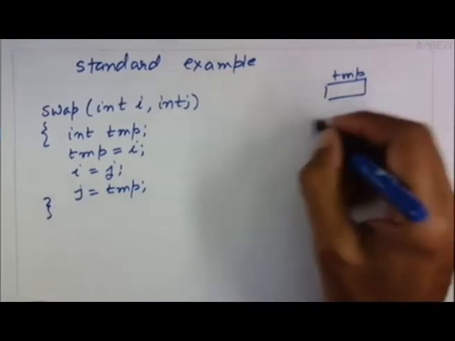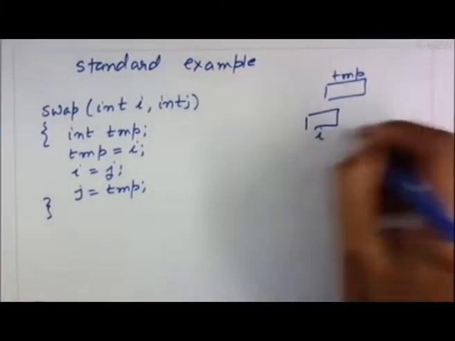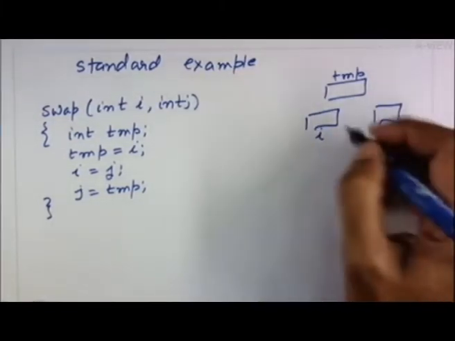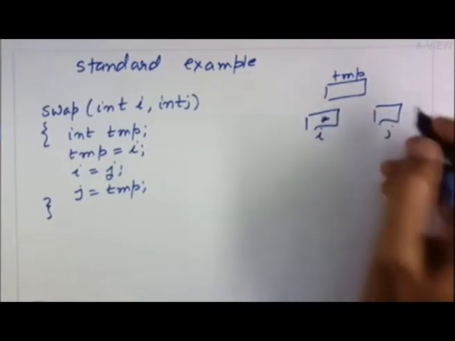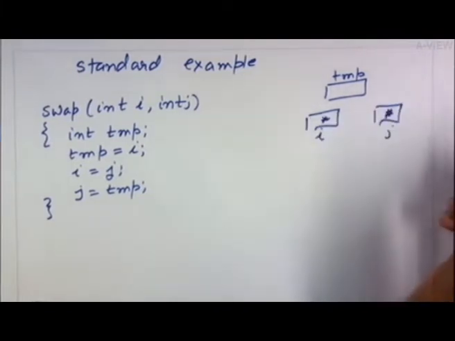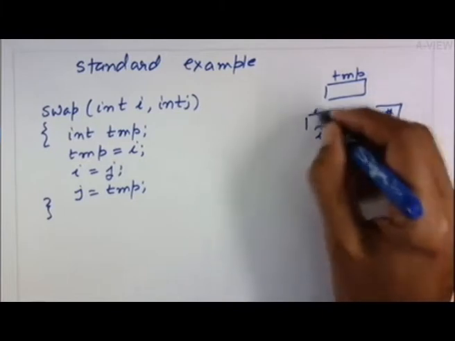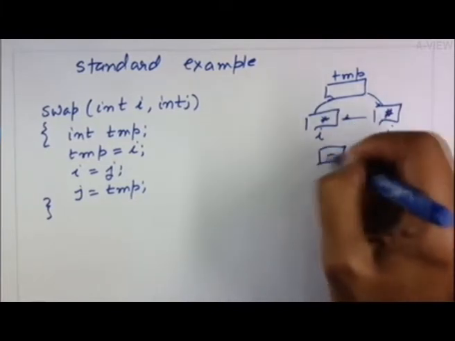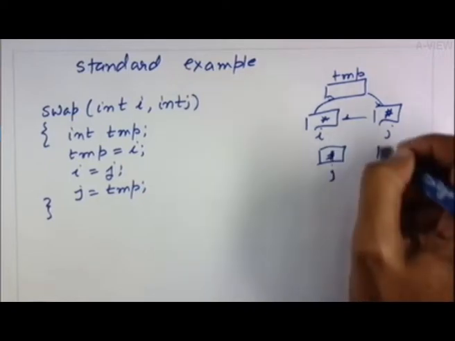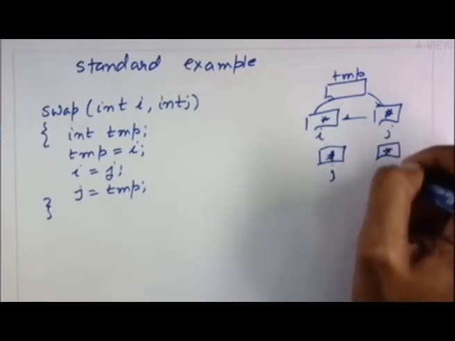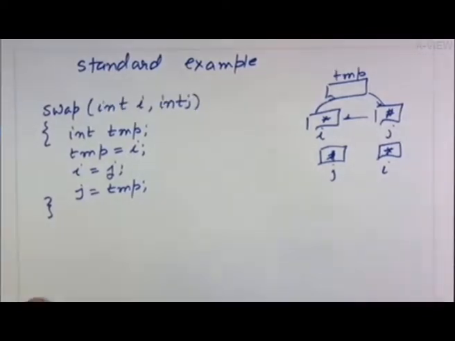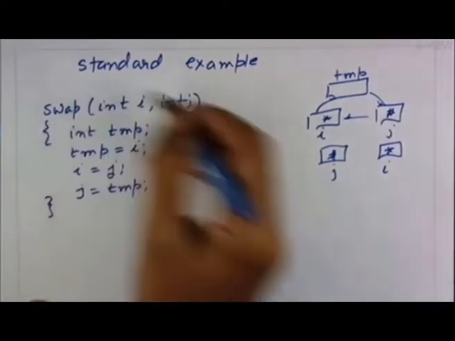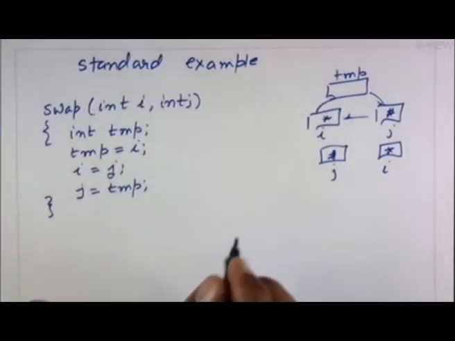So by using this TMP, the effect that we have achieved is we took some values of I and j. Suppose it was a star and this was a hash to explain two different values. At the end of the whole show, okay, the star has converted to hash and the hash to star. We have swapped the two values. We all know that this function has no effect on the caller.